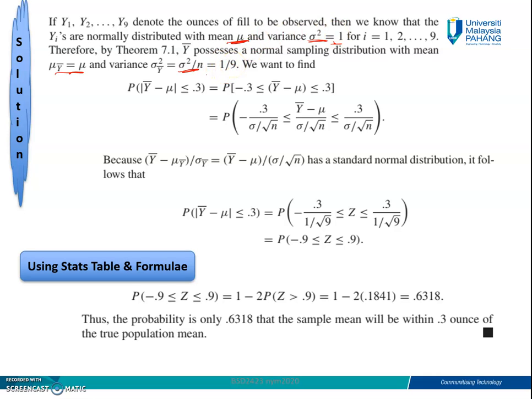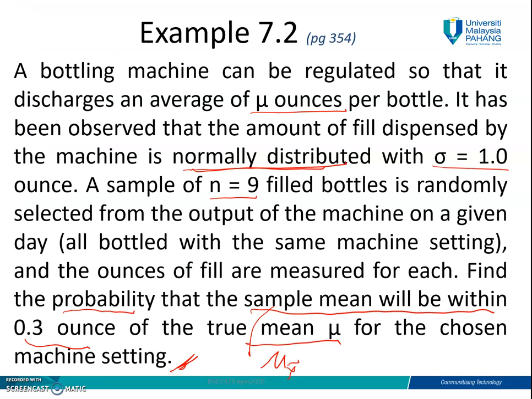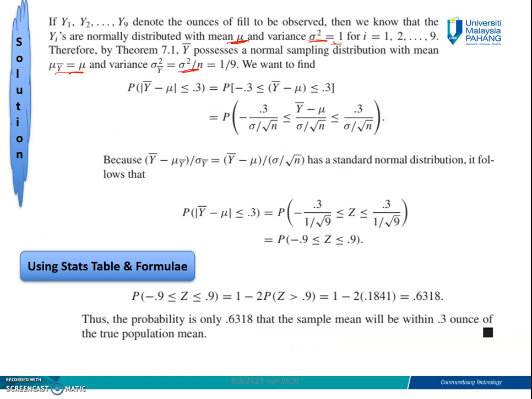The question asks to find the probability that the sample mean will be within 0.3 ounce. Within 0.3 ounce means less than 0.3 and greater than negative 0.3. This is also something to do with the Chebyshev theorem.